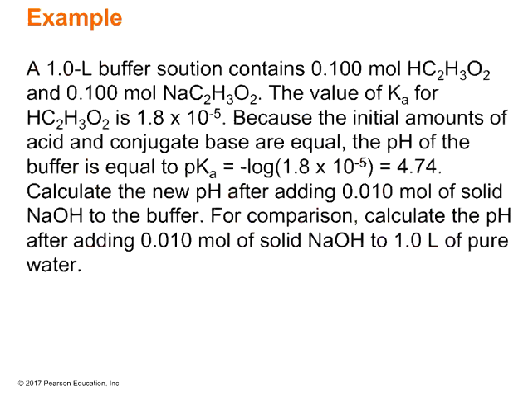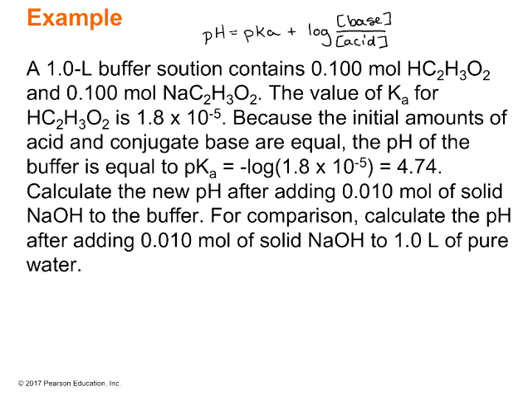Now the value of Ka for acetic acid is 1.8 times 10 to the negative fifth. And because the initial amounts of acid and conjugate base are equal, the pH of the buffer is equal to the pKa. So remember from the Henderson-Hasselbalch equation, pH is equal to pKa plus the log of the base concentration over the acid concentration.